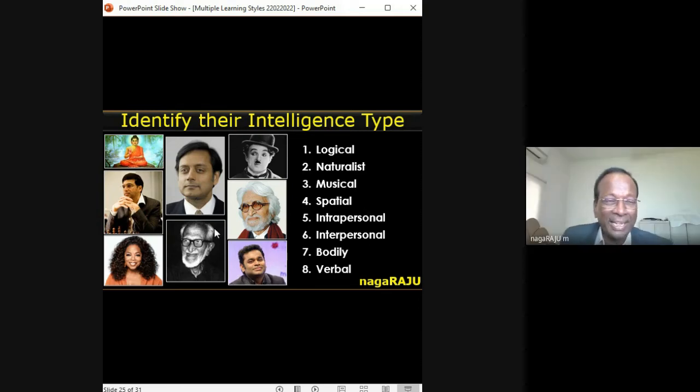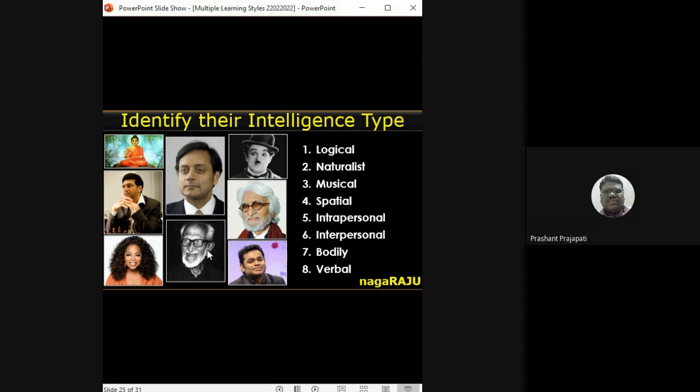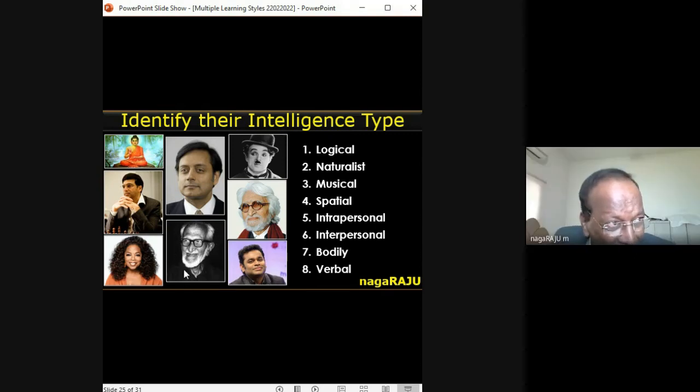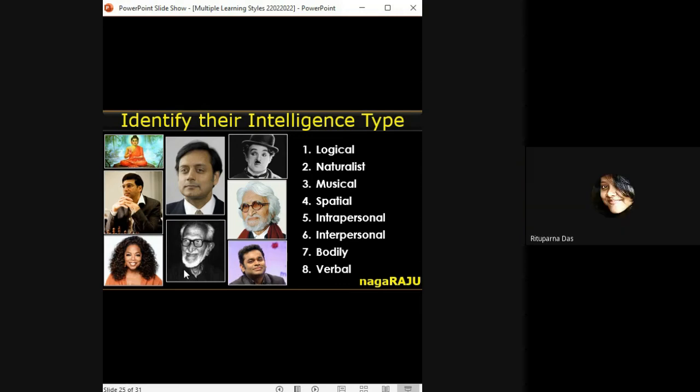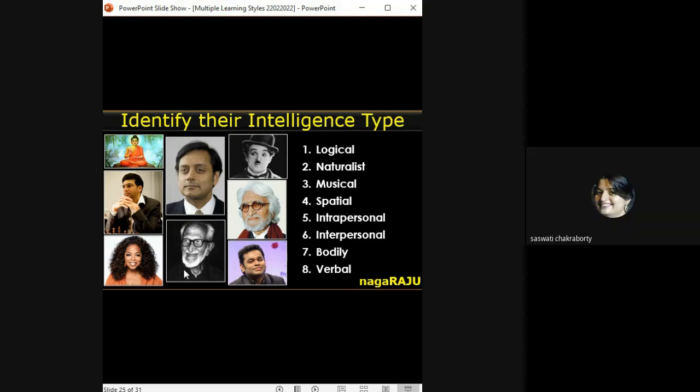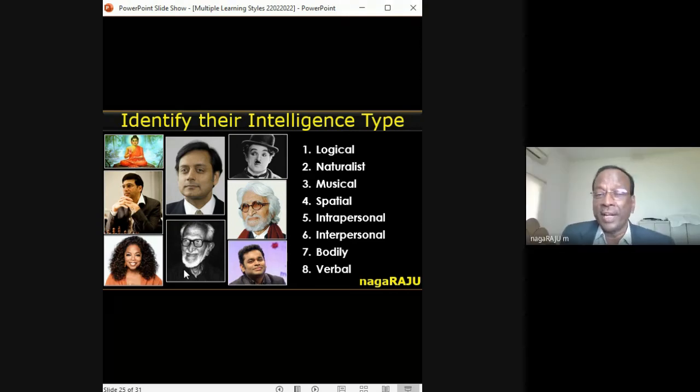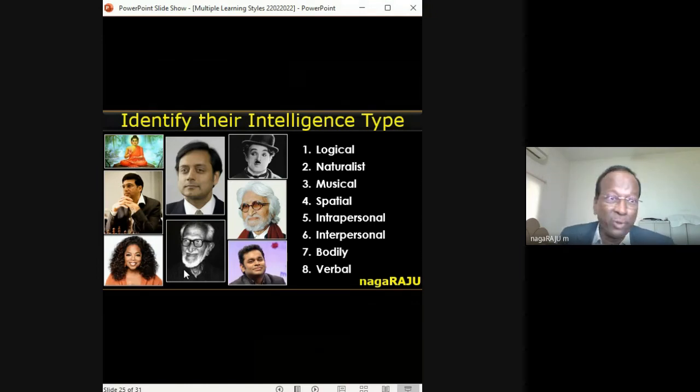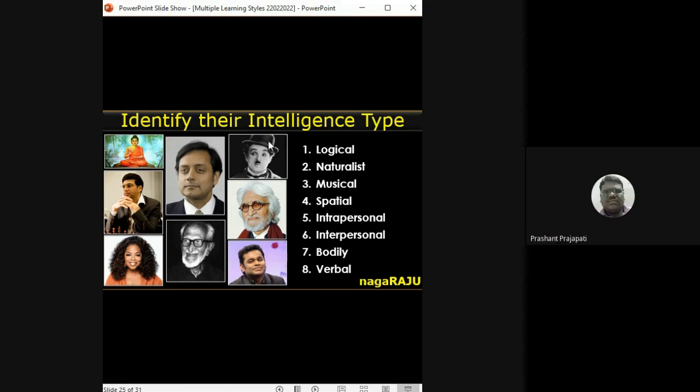Verbal, absolutely. This one? Salim Ali, naturalist. Right. Thank you, Prashant. Salim Ali. And what was his intelligence? Naturalist. He was an ornithologist. He studied birds, and he was a great photographer, right? So he was a naturalist. And this one? Charlie Chaplin. Bodily.